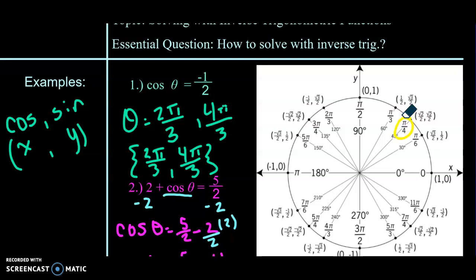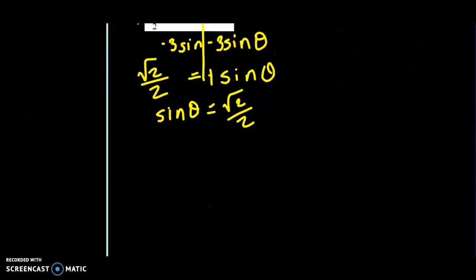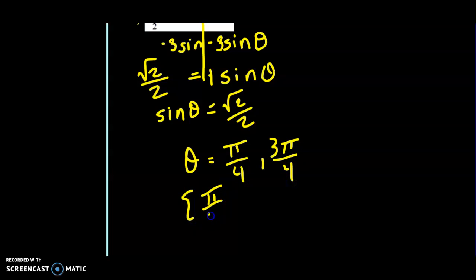Positive, and it would be pi over 4. So theta is equal to pi over 4 and 3 pi over 4. Or again, if I want to write it as a set. So those are the two answers that theta could be.